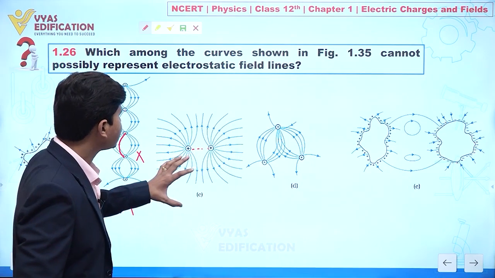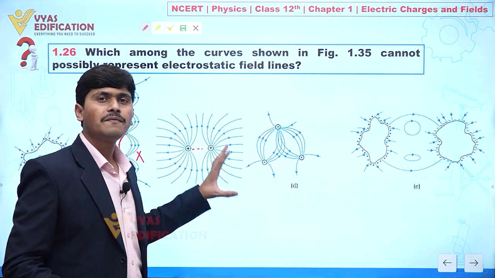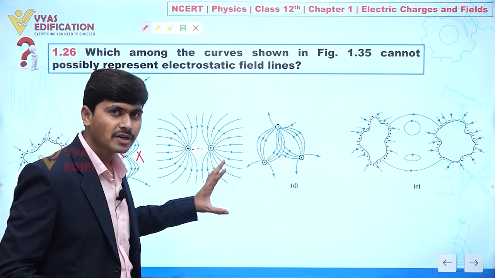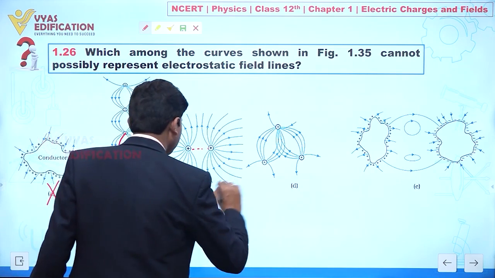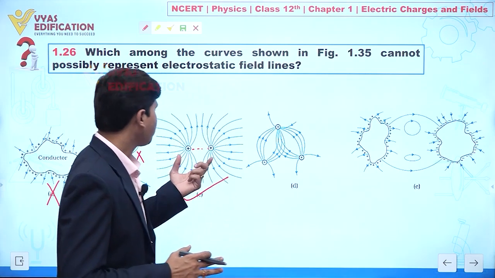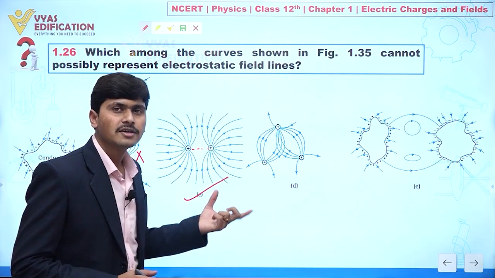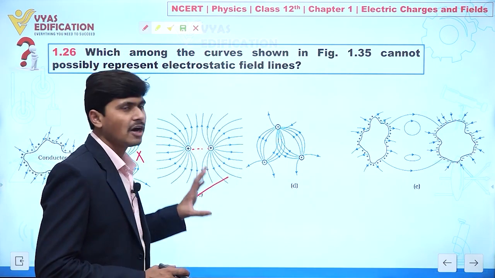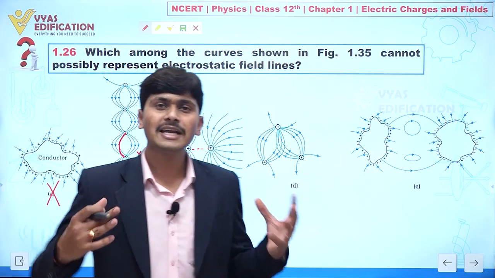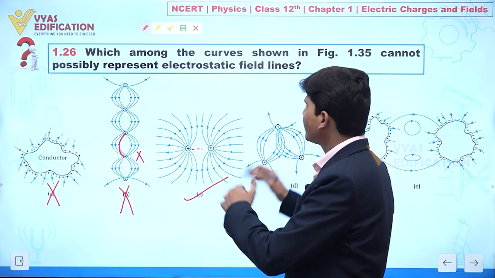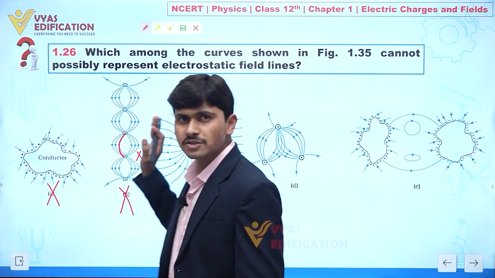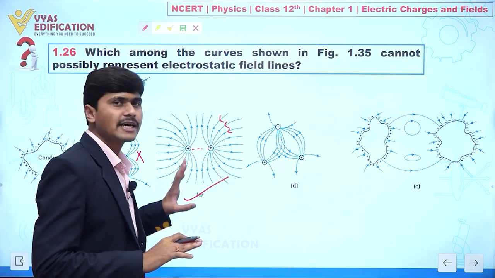This is a perfect diagram of two charges having the same polarity, that is, positive charges. Whenever we have two positive charges, we can draw electric field lines like this, and if we have negative charges, the arrows will be reversed. So this is the correct figure.